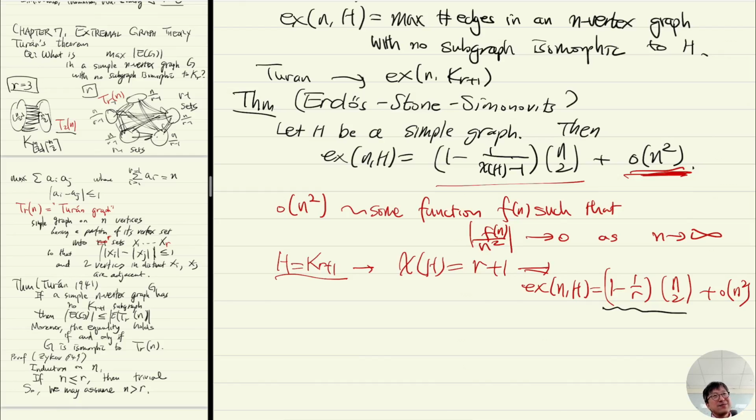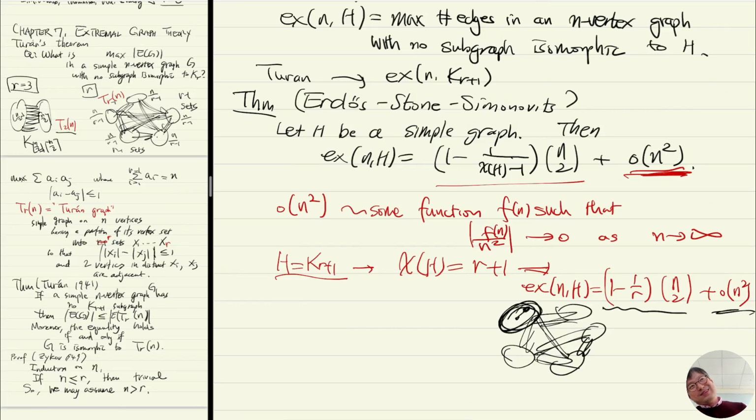If you have an n-vertex graph, the number of edges is n choose 2, but among them roughly a 1/r proportion of edges are missing, because if I pick one vertex and pick another vertex, the probability that the other vertex is not adjacent is about 1 over r, since it may belong to the same part with probability 1 over r, but not exactly. There's some error, and that error is taken care of by o(n^2).